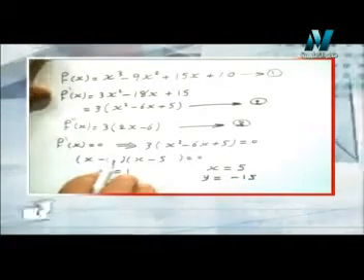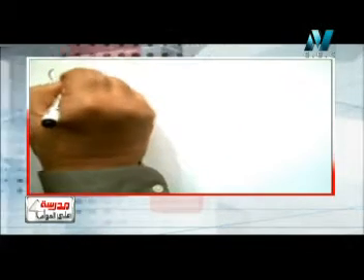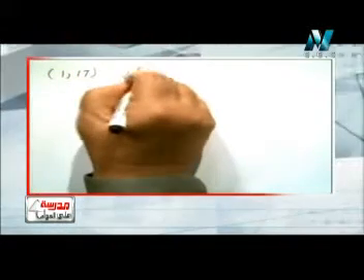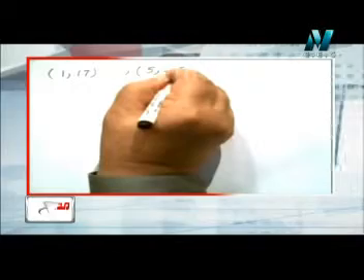Therefore, we have two critical points: 1 and 17, and the other point 5, negative 15.